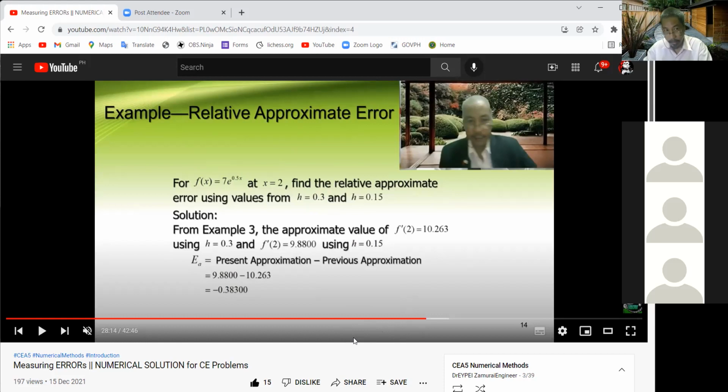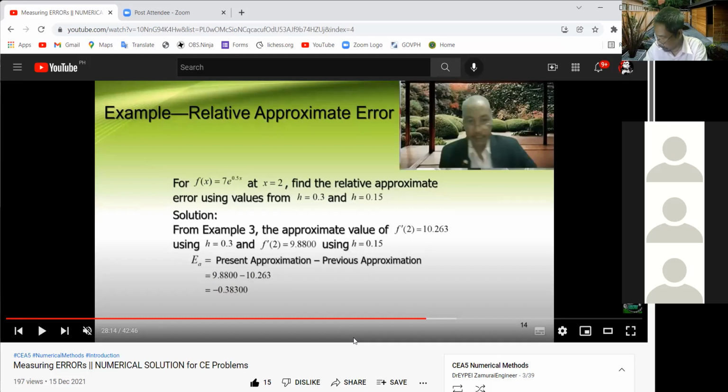Approximate error is E sub A. Look at my hand. E sub A, that is approximate error. But we are going to solve for relative. What do we mean by relative? We would like to use another symbol, epsilon sub A. So that is relative.